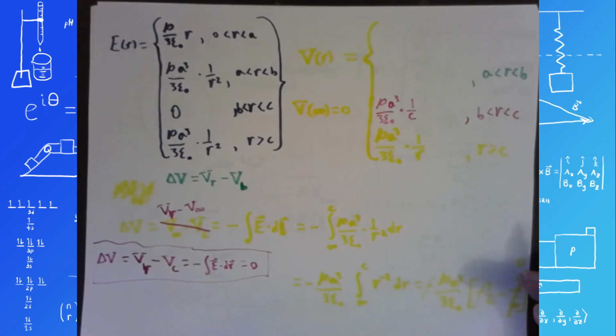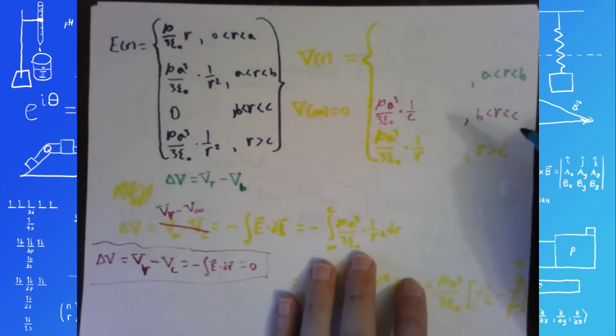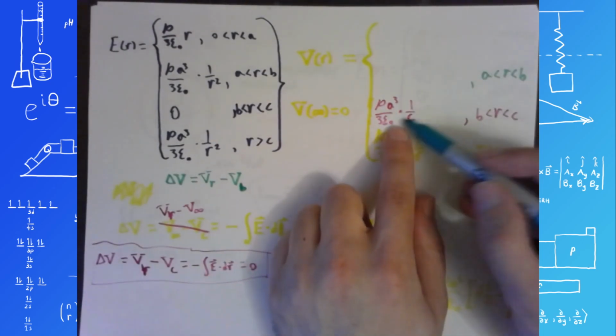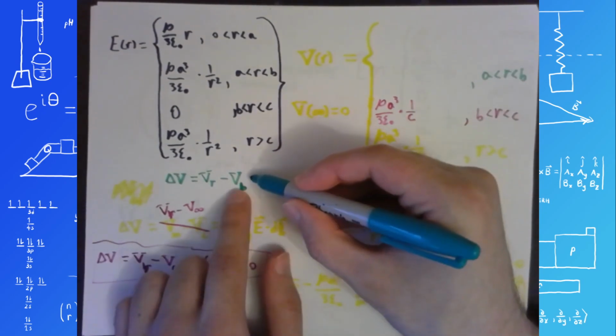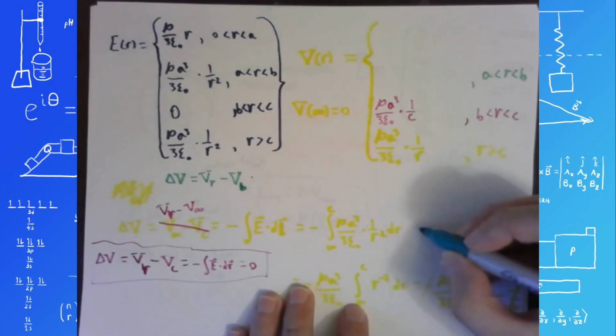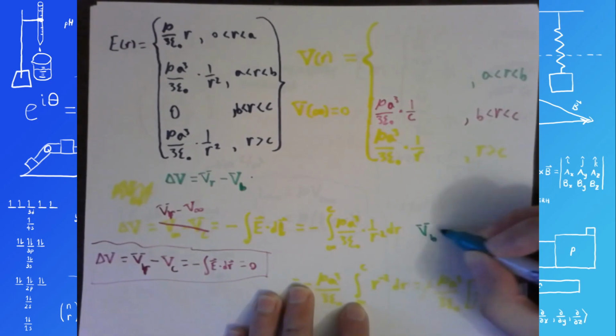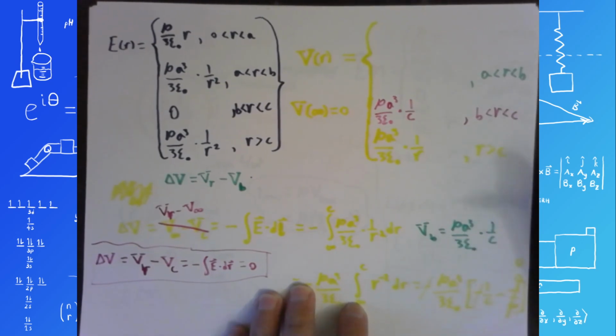The voltage at B is going to be equal to the voltage at C because there is no change in the voltage as you move further inward from C to B, right? The voltage is constant for this region. So I already know that V of B is just going to be, I guess I'll write it over here, V of B is just equal to rho A cubed over 3 epsilon naught times 1 over C.